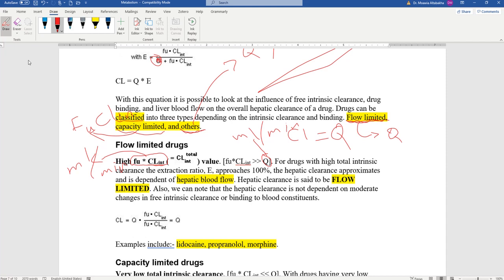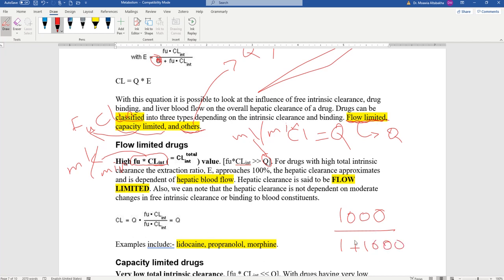I'll give you an example. Just hypothetically, 1000 divided by 1, where I consider the Q to be 1, plus FU times intrinsic clearance, which is 1000.